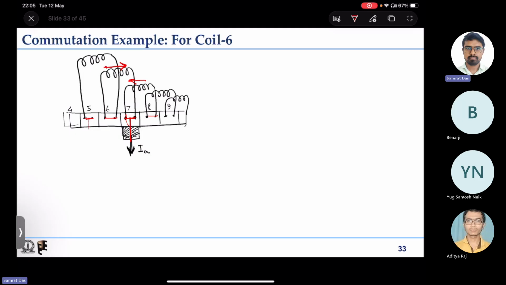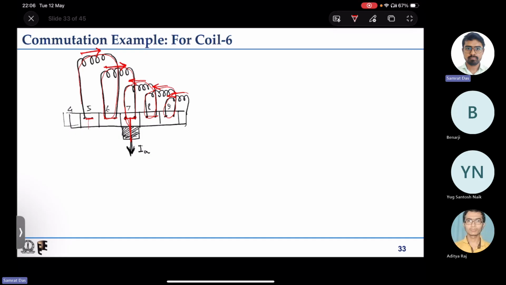And before that, this current was obviously coming like this, and it was coming like this. So from here it is shorting, it is coming like this, it is getting collected, and again from here, this is coming like this, shorted by this segment, say 6, coming like this, and again collected there.